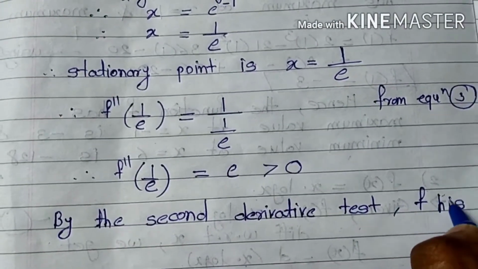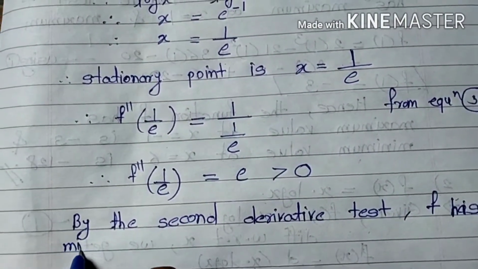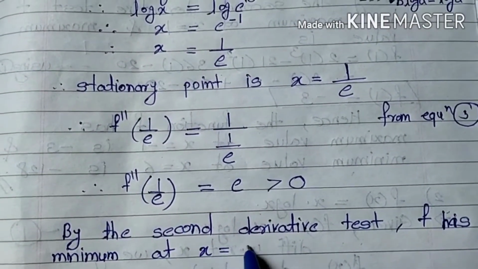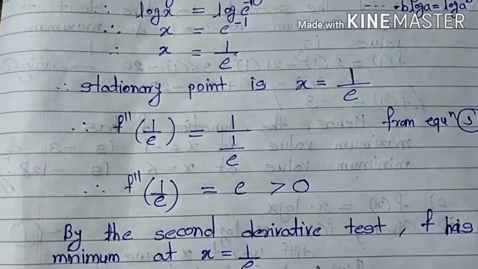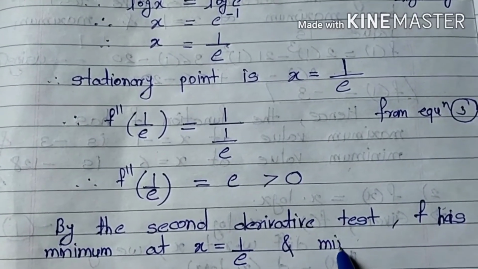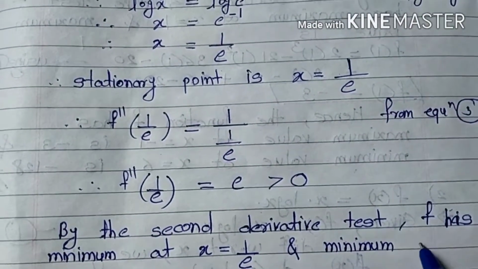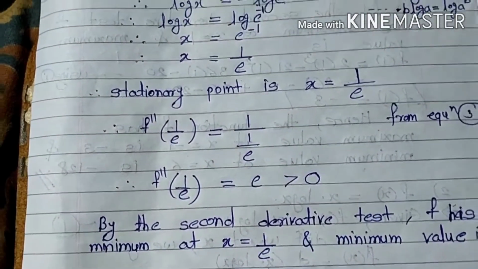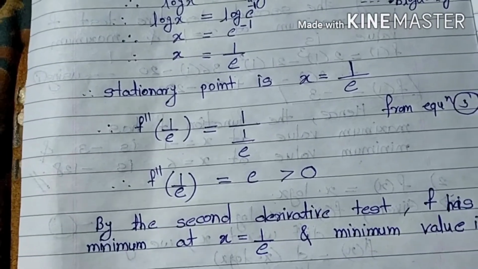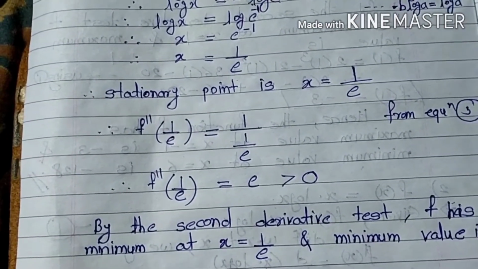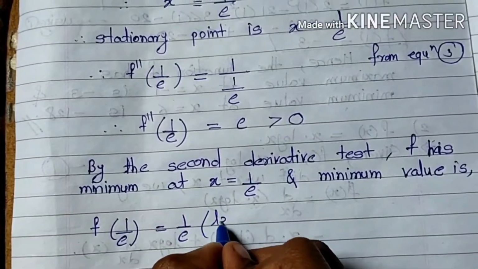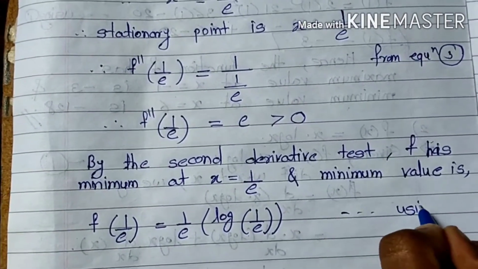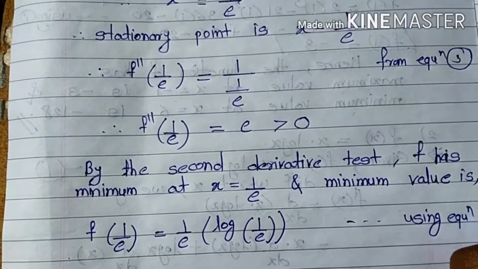f has minimum at x equal to 1 upon e and minimum value is. So what is minimum value? f of 1 upon e is equal to 1 upon e into log 1 upon e using equation first.